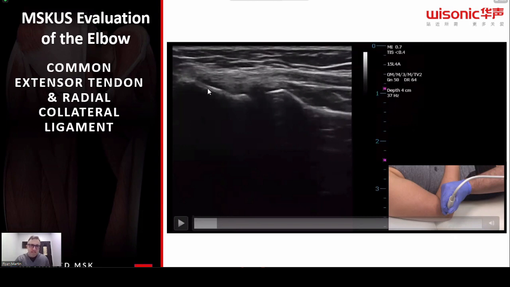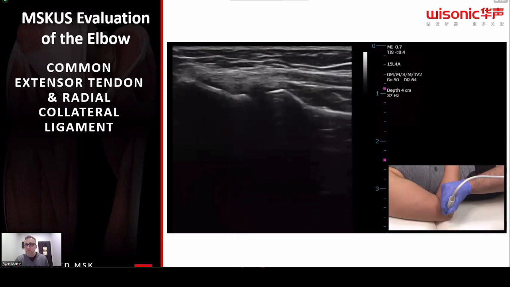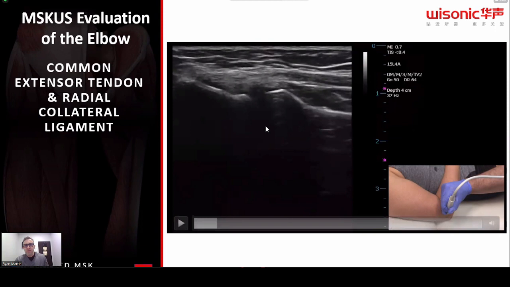And so that makes this space right in here the capitulum, or the lateral epicondylar space. So this downward slope down here is going to be important to determining, am I looking at common extensor or am I looking at radiocollateral ligament? So once again, this is the annular recess, the annular ligament, and you can actually see part of the nerve coming across through here, and up into here is the common extensor tendon here.